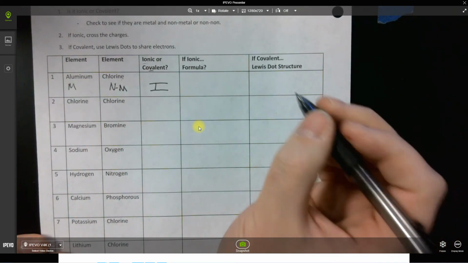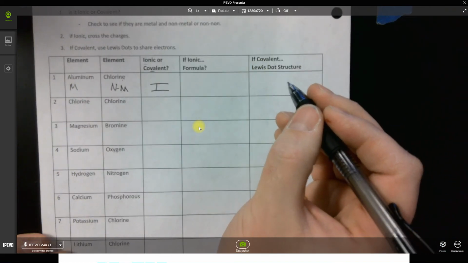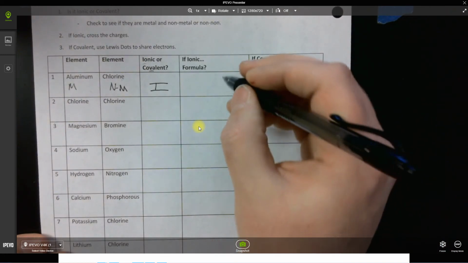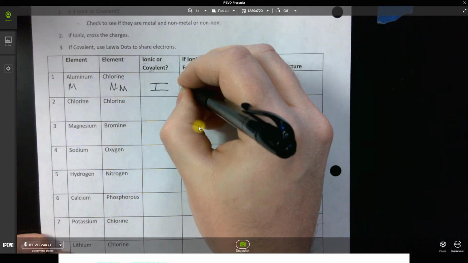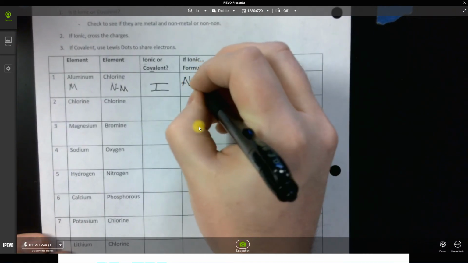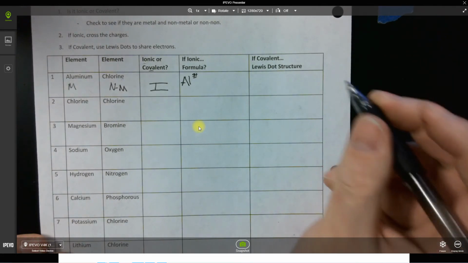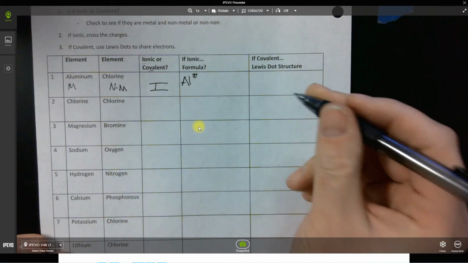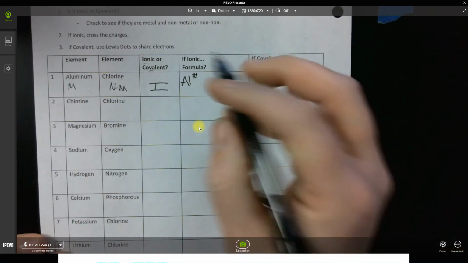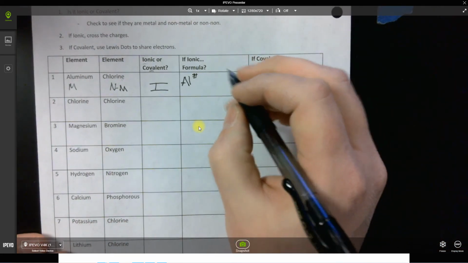When we're writing the formula for ionic bond, we don't use Lewis dots. Instead, we use the ion charges. So aluminum is going to make a 3+ charge. And that's because it's in column 3, and it's going to get 3 electrons stolen from it. And that's what's going to make it turn 3+.